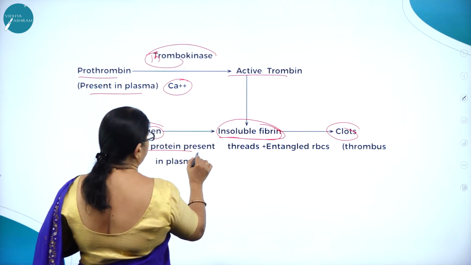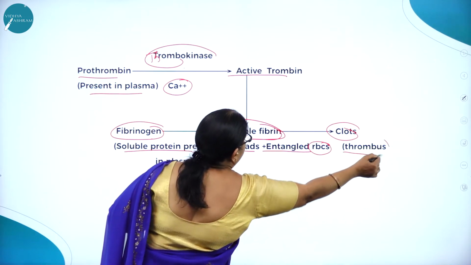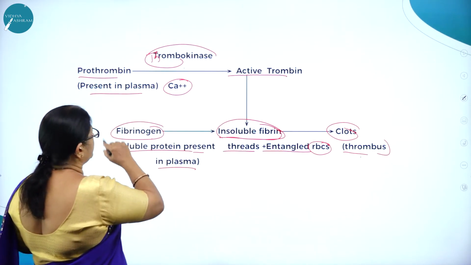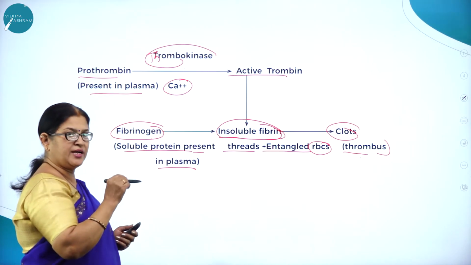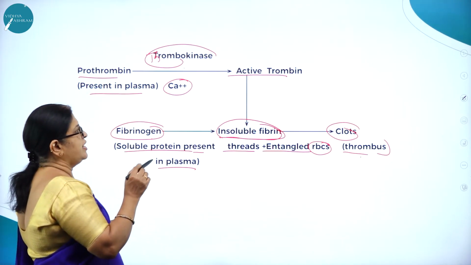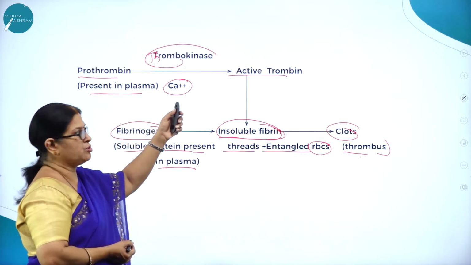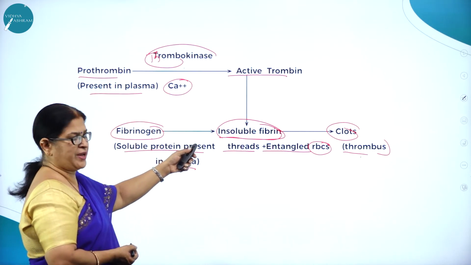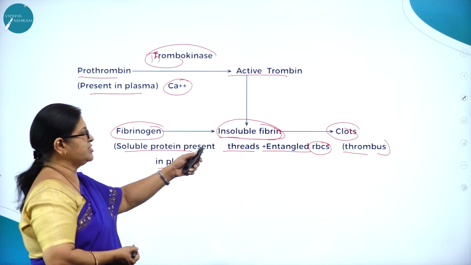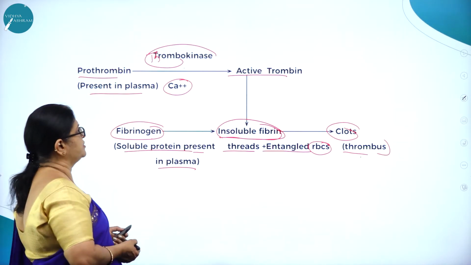The soluble protein present in the plasma forms threads that entangle the RBCs, and you can see the clot. So prothrombin is acted upon by the enzyme called thrombokinase under the influence of calcium ions, and it will convert prothrombin into thrombin, and thrombin will convert fibrinogen into insoluble fibrin, and insoluble fibrin is converted into a clot, and that is what we call thrombus.